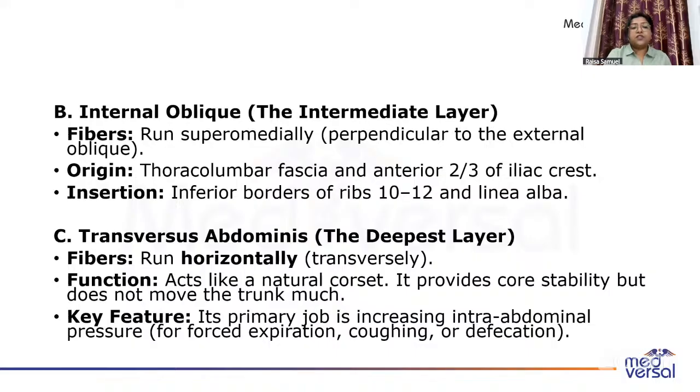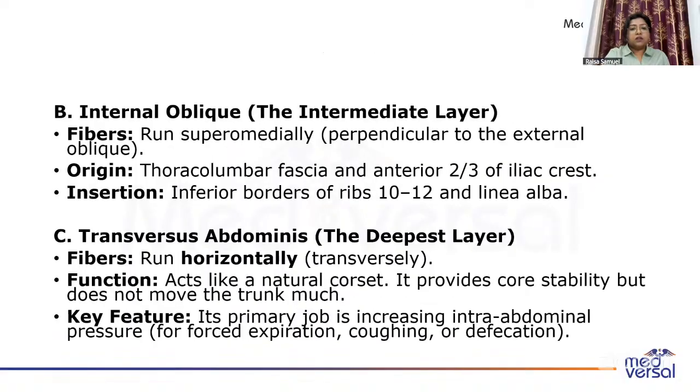The key feature is that its primary job is increasing the intra-abdominal pressure for forced expiration, coughing, or defecation. So it is the strongest muscle present in the abdominal wall, which actually protects you during forced expiration, coughing and defecation. That is the muscle which becomes taut.